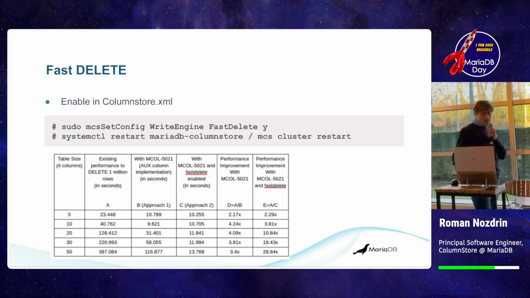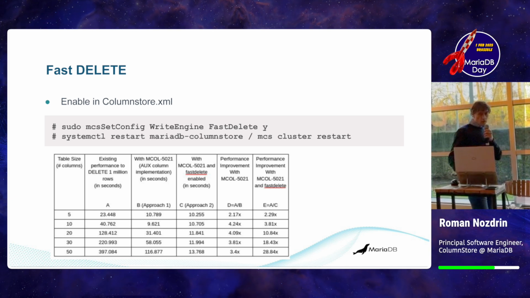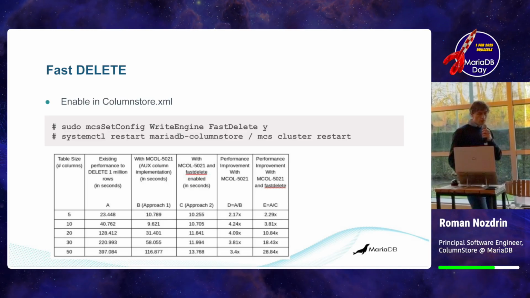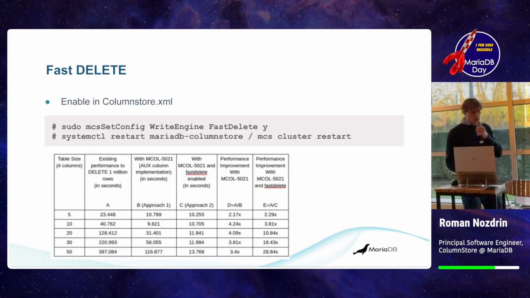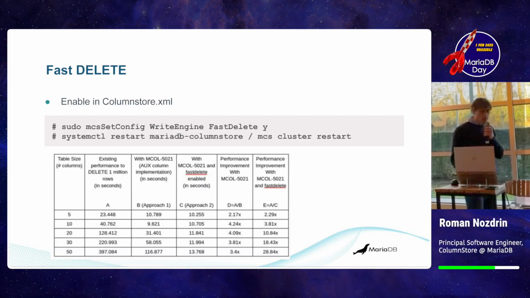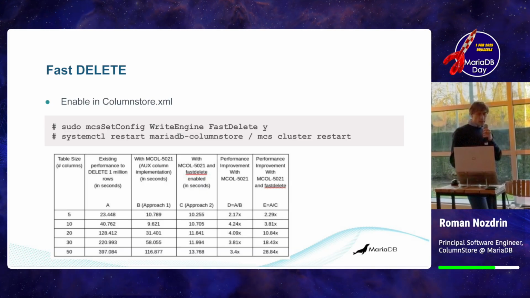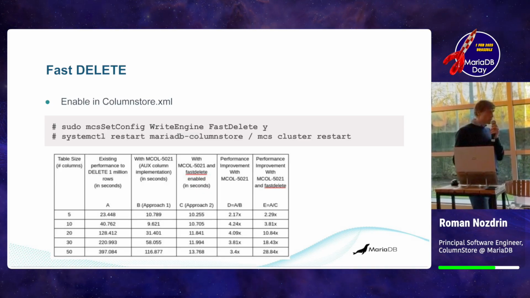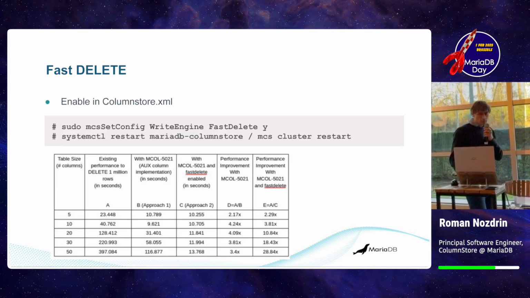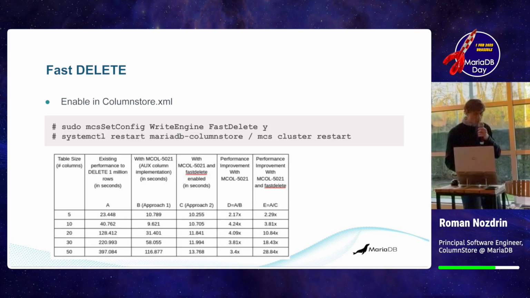So what you can see in the table below: first you see the number of columns in the table. If I'm not mistaken, it doesn't actually matter what the column type is, to be honest. And the second column describes how much time it would take to delete 1 million rows.